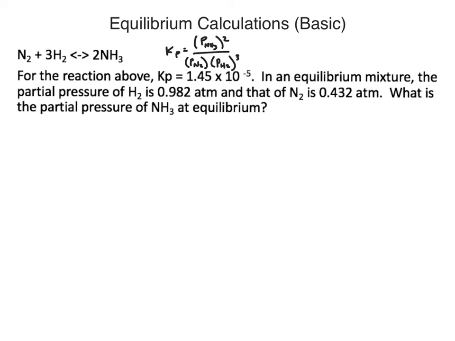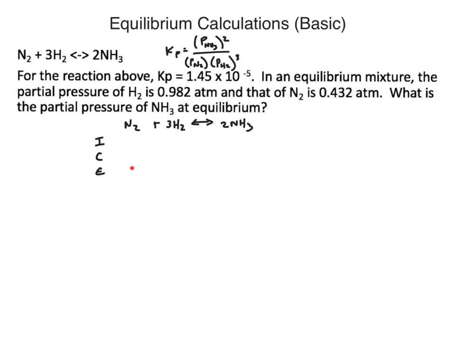Now we could write out an ICE table, and we're going to do that really quickly, and I'll point out what's really necessary in this problem. Now that we've written out an ICE table, let's look at what they provided us and decide what was really necessary. They have told us that this is our Kp value, and that in our equilibrium mixture, we have a partial pressure of H2 of 0.982 and a partial pressure of N2 at 0.432.